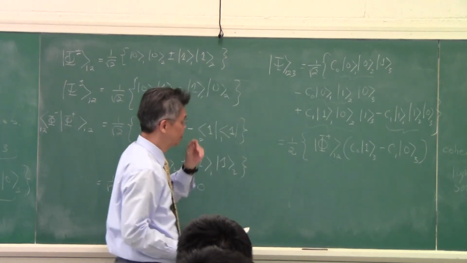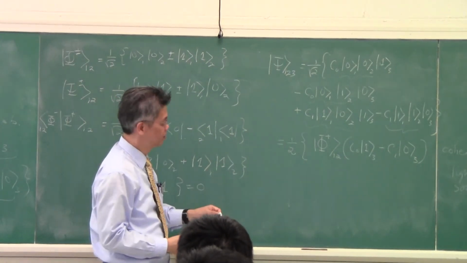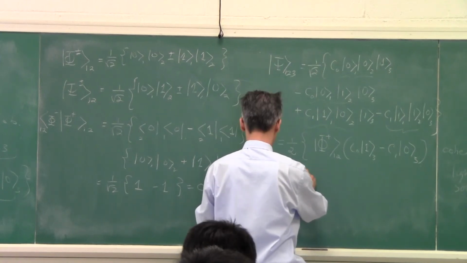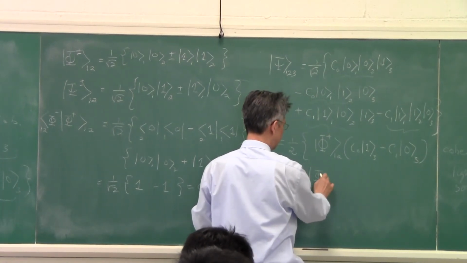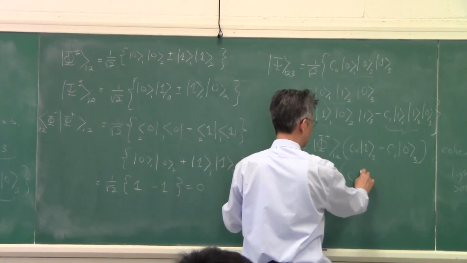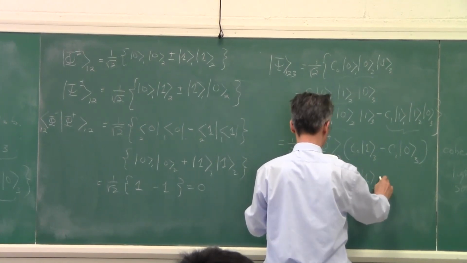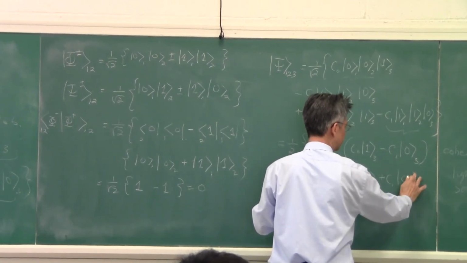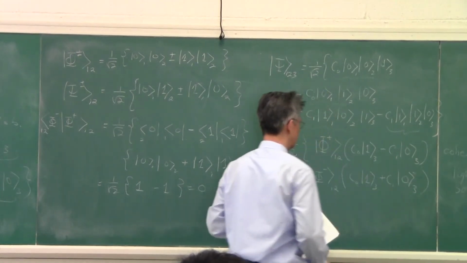This is like doing a Fourier series expansion of some sort, and then I will have the second one being C0,1,3 plus C1,0,3.